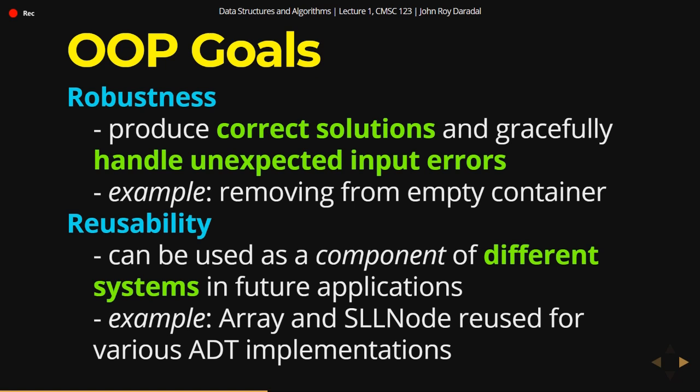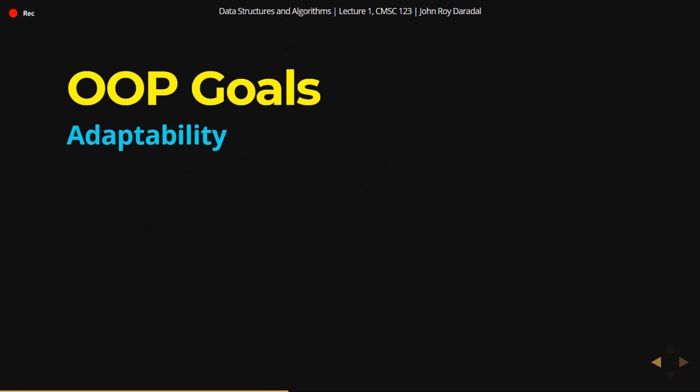These two classes are actually very important because we will be reusing them for a lot of the next exercises when we implement other abstract data types. Okay, so that's reusability.